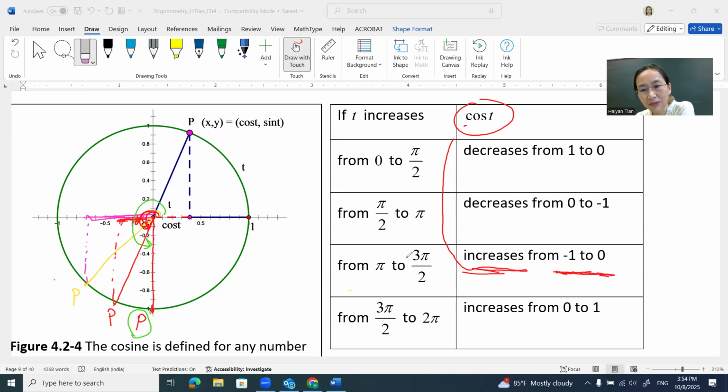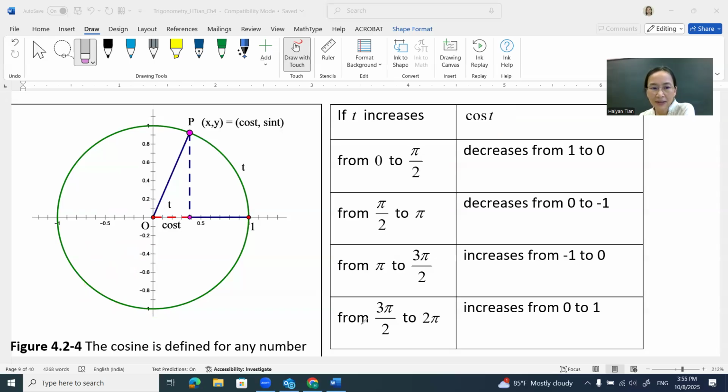So from negative to 0, the larger the t in this range, the larger the cosine t. So we see the increase. The increase is indicated by the x coordinate. As you can see, the pink portion becomes the red, and later becomes the 0.